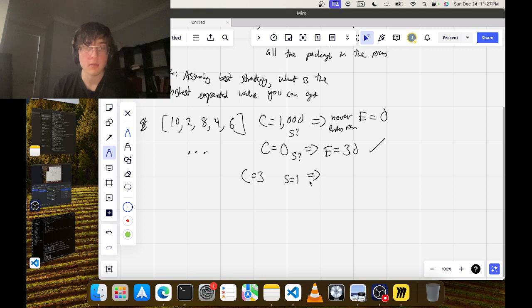So S is equal to 1, C is equal to 3. On day 1, when you have a package worth 10, it's profitable because you have to pay $3, you get a package worth $10, so you get a profit of $7. But then on day 2, the package is only worth 2, and it costs $3 to enter. So by entering, you would actually lose $1 net.